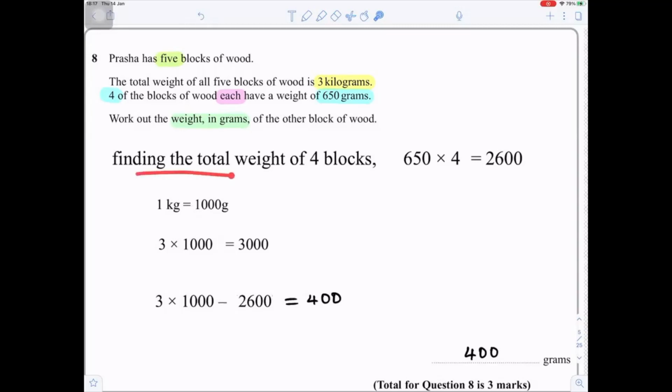So you find the total weight of 4 blocks. 650 times 4 gives you 2,600. 1 kilogram is 1,000 grams. So 3 times 1,000 gives you 3,000. So we want 3,000 minus 2,600, which gives you 400 grams.